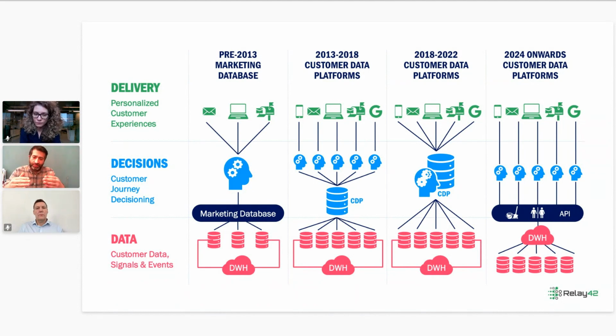All that raw data being in the data warehouse, it's not unified profiles. So what you're starting to see now is plugins for the data warehouse that will do the standardization of the data, do some data cleansing, do some identity resolution to build those profiles, and then output them to your channels.